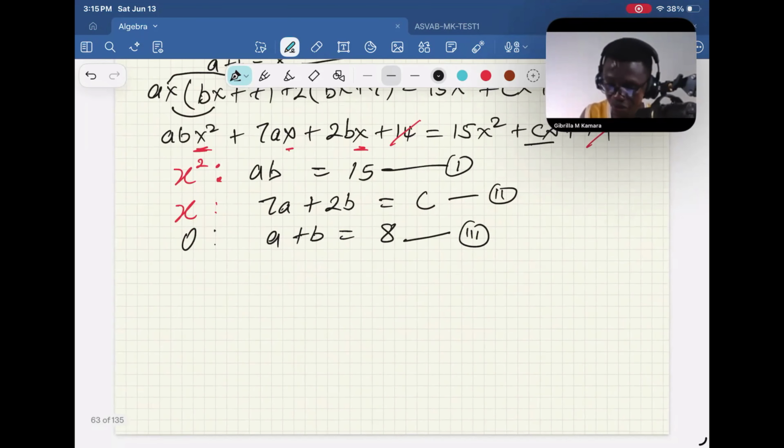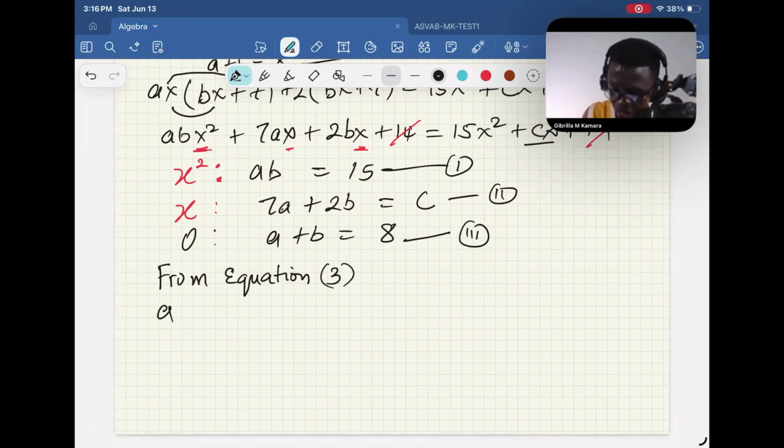Easy. So say from equation 3, we have a + b = 8. If we make a the subject, we can find b, or if we make b the subject, then we can find a.